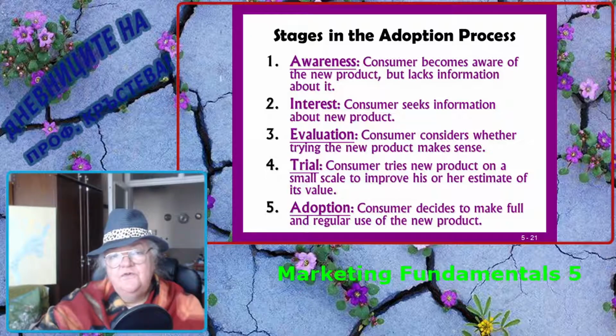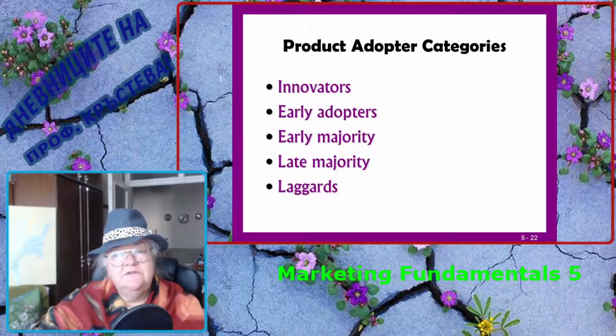The fourth step is trial. The consumer tries the new product on a small scale to improve his or her estimate of its value. Adoption is the fifth step. The consumer decides to make full and regular use of the new product.